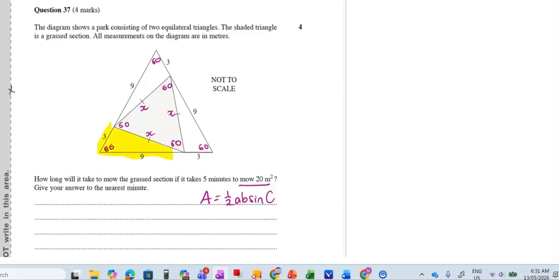All right, but if I just focus on a triangle like this one at the bottom, I can see in that triangle, I do know one side is 3, one side is 9, and the included angle is 60. So I can use the cosine rule. So straight off the reference sheet, c squared equals a squared plus b squared minus 2ab cos C. So in this case, x squared equals 3 squared plus 9 squared less 2 by 3 by 9 cos of 60.